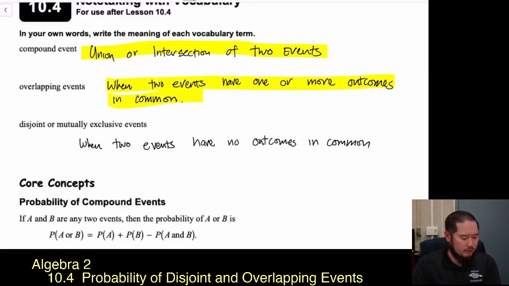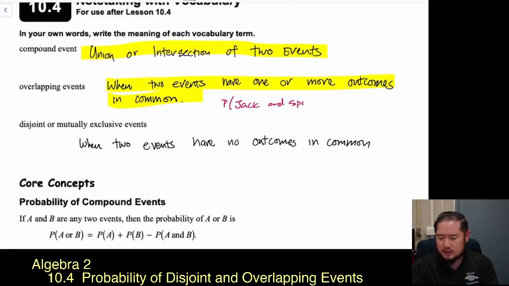And we've mentioned stuff like cards. An example of overlapping when we talk about cards is: what is the probability of, let's say, a jack and spade being chosen?